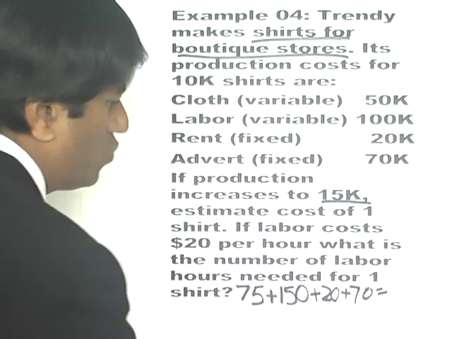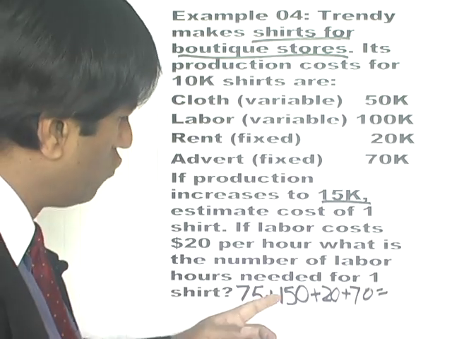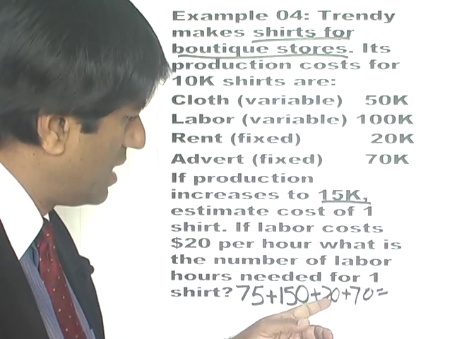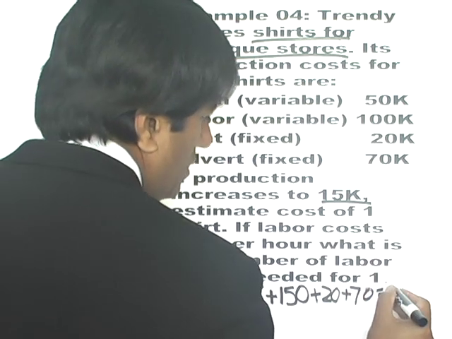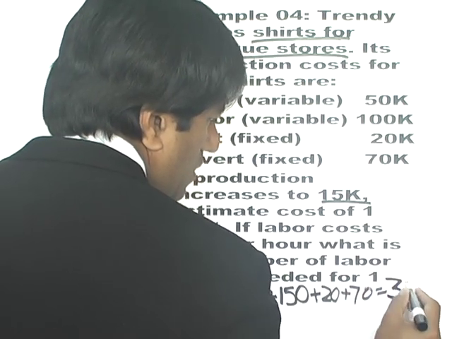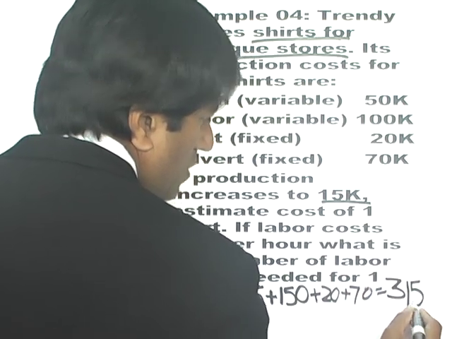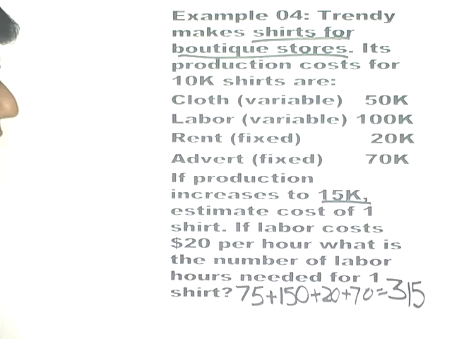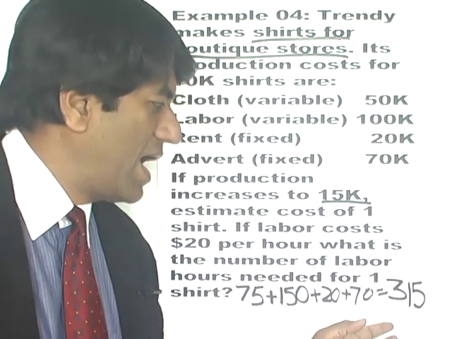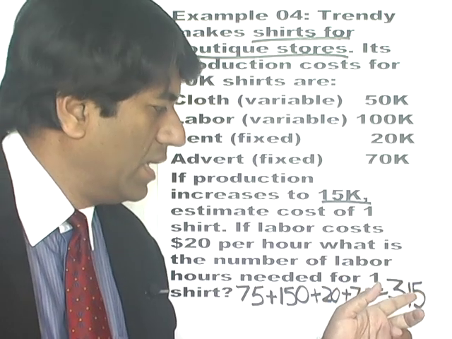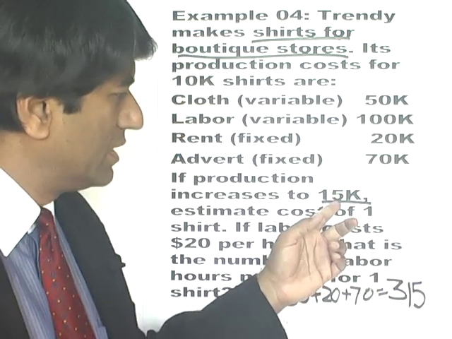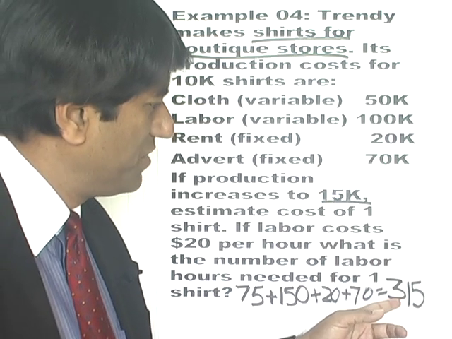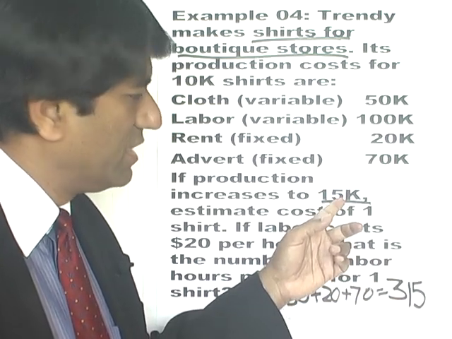And so the total cost is going to be 225 plus 90 is 315. And then to find the cost per shirt, we are going to divide by the number of shirts being produced. So that will be 315 divided by 15K.